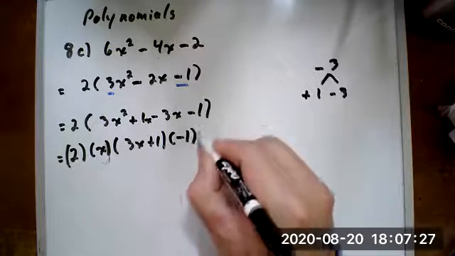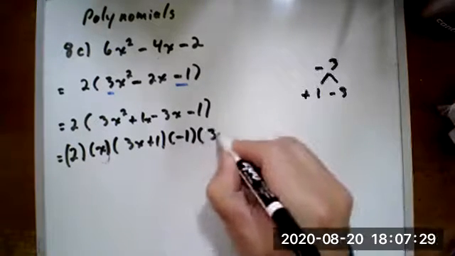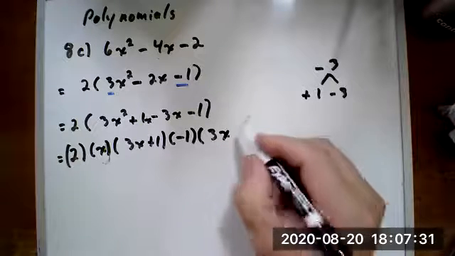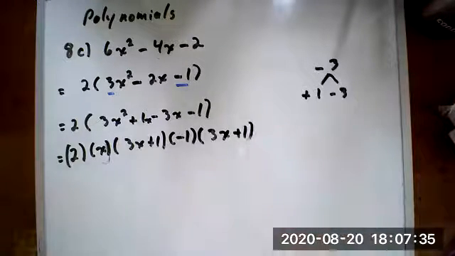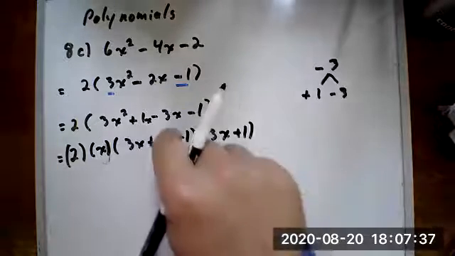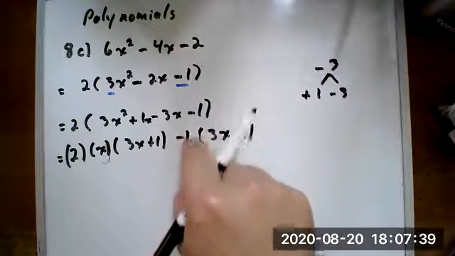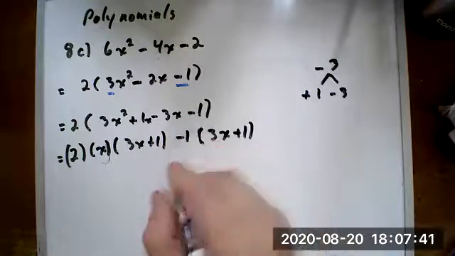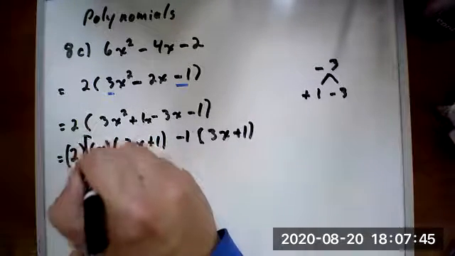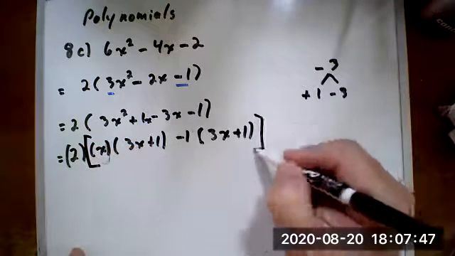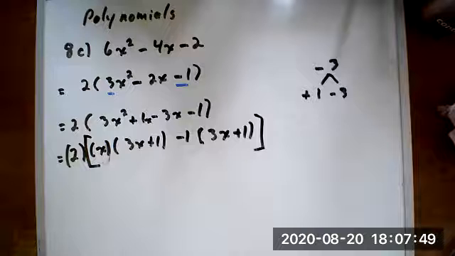So I do that, and that leaves me with 3x plus 1. Sorry, the 2 is not in brackets. That should just be sitting outside the bracket, like that, and this is all in square brackets.